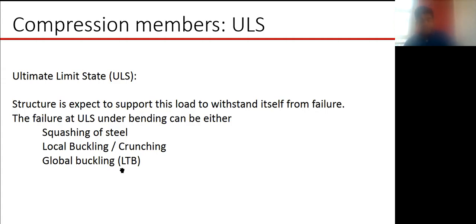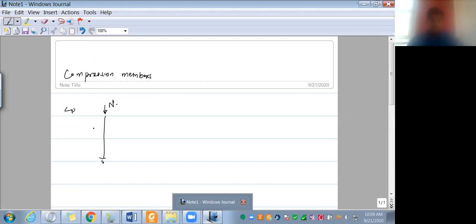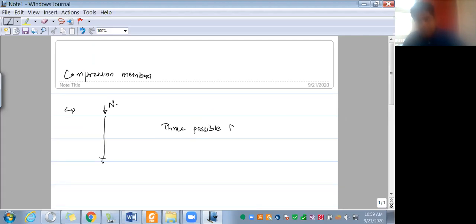So there are three possible failure modes when it comes to steel under compression. One is squashing. The second is local buckling. The third is global buckling.